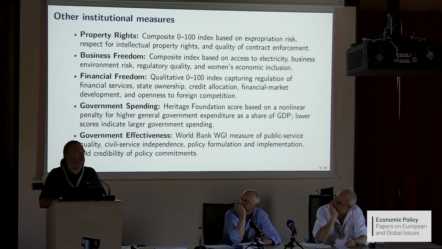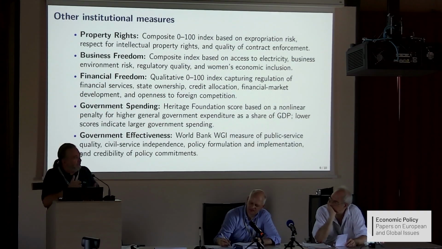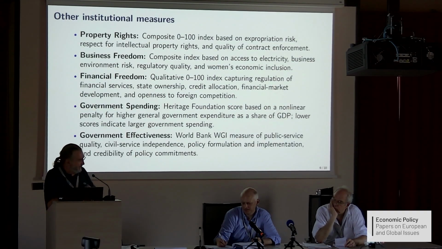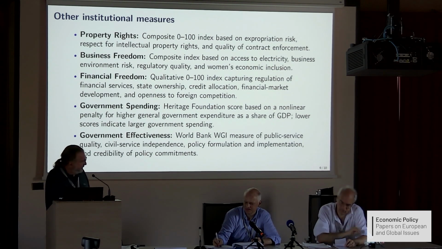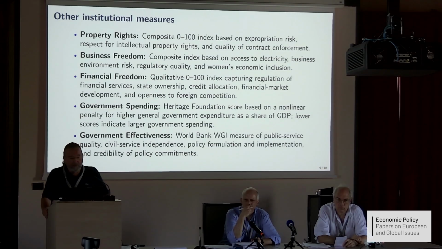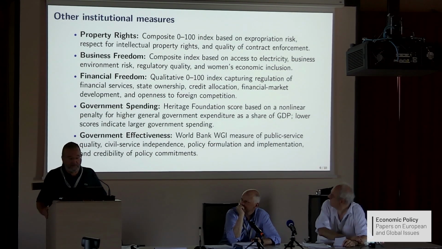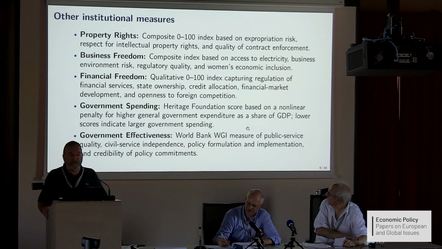I'd like to understand a little bit more. Open up the boxes of these indices. Tell us a little bit more. If you can break them down into pieces, see which one is the good one, which one is the one that matters, and so on. You can do so much more, I think, on this account that would make the paper even richer, more useful. Financial freedom, that one has very nice elements, and I would like to see the pieces.